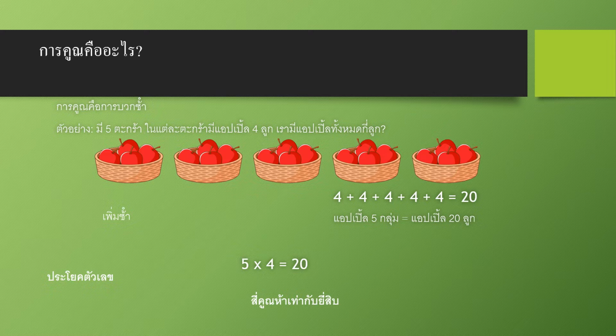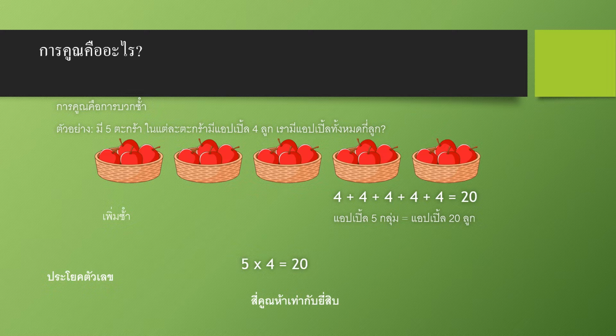If it is the same number of things you have, so if this basket has 3 apples, we can't do this. So these baskets should always have the same amount of apples or same amount of things.